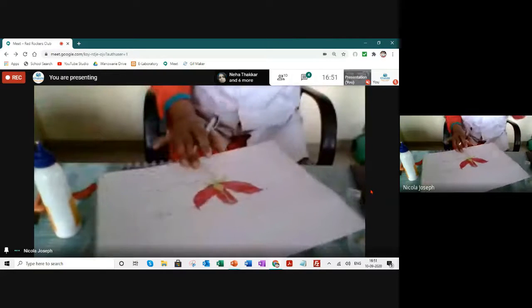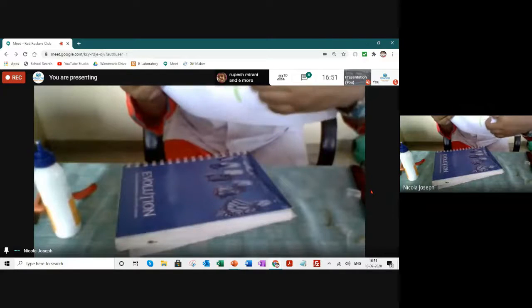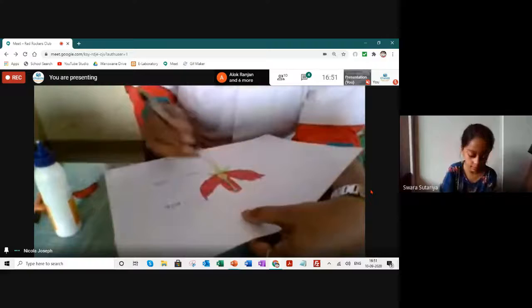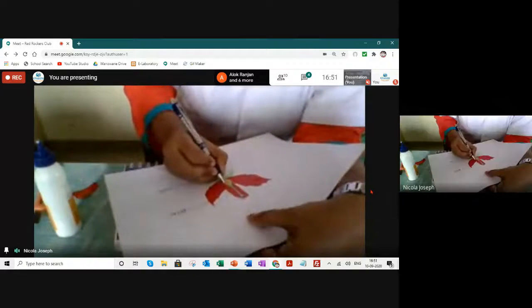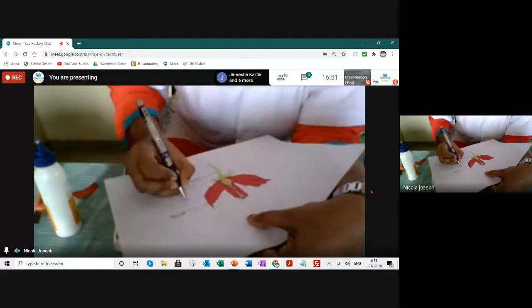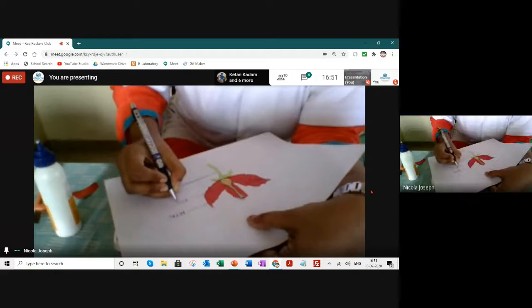Okay. Now there is a center portion. The center portion which you all can see, what is that called? Stamen or pistil? Pistil. So you all put a line and you write pistil. P-I-S-T-I-L.